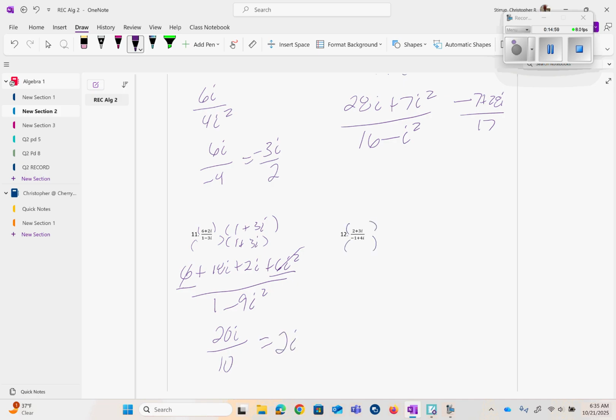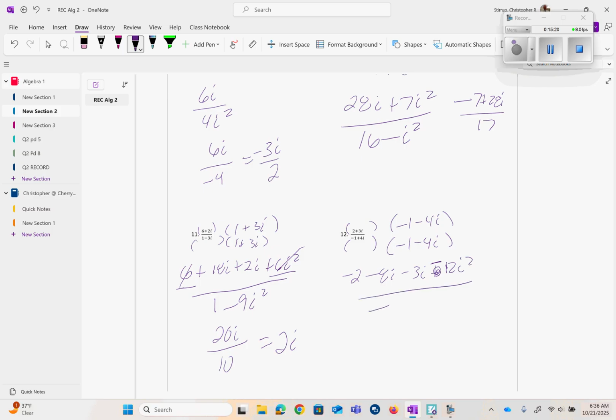Number 12, we're going to go ahead and multiply top and bottom by the conjugate, so I get 1 minus 4i and negative 1 minus 4i. FOIL the top, that's going to give me negative 2 minus 8i minus 3i plus or minus 12i squared.